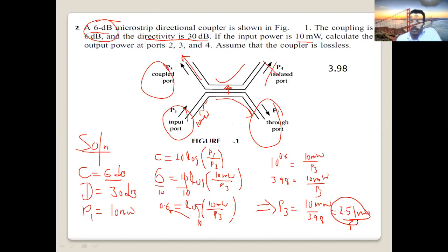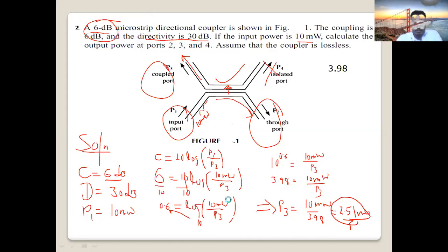Which device is used to take a sample? The directional coupler. That's why it's a very important device. How much sample we take depends on the C value. If C increases, the amount of sample decreases. If C decreases, the amount of sample we take increases.